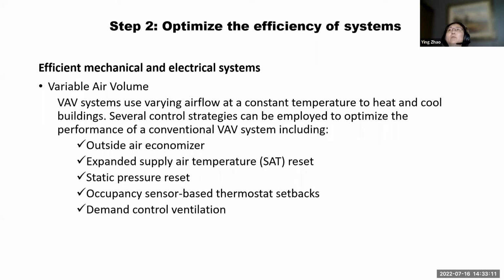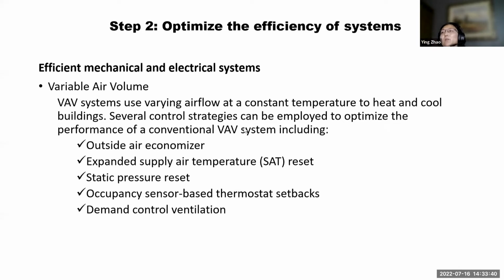If the load is higher, it will increase the flow, and if the load is low, it decreases the flow. Because the temperature times the flow rate gives you the heating or cooling capacity, if the space needs less heating and cooling, they just request less flow.